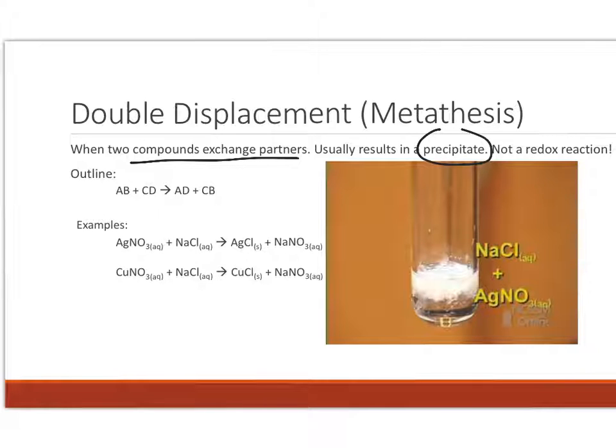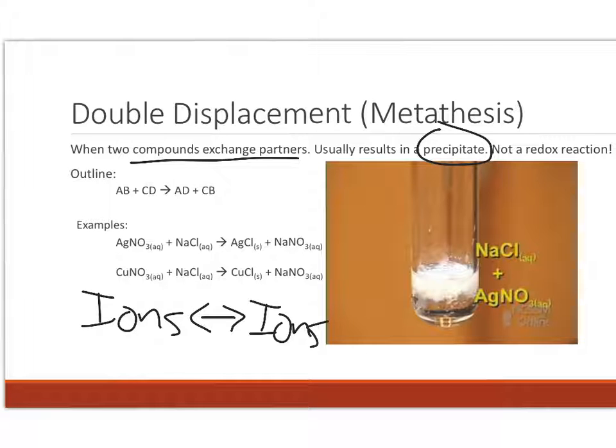If you look at the 2 examples below and at the oxidation numbers of all the elements involved, none of the oxidation numbers change. Remember that a precipitate reaction is just the result of ions being attracted to one another more strongly than they are attracted to the water. So this results in a solid forming from 2 aqueous solutions.